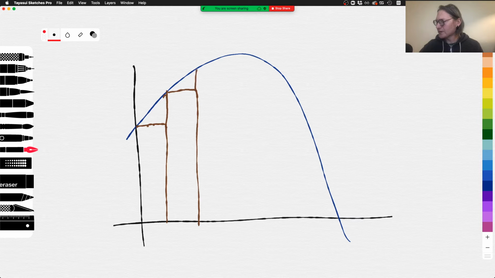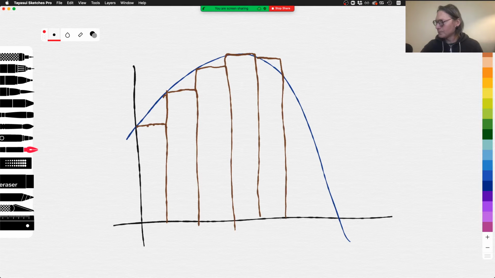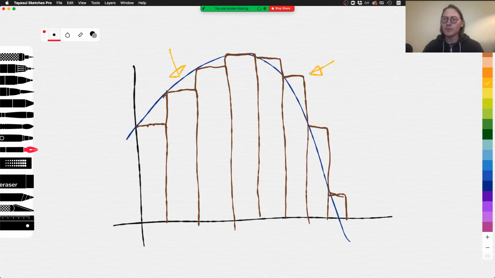And my next box here, and so on. One thing you might notice is that we actually do make up some area, right? So the area that we've lost over here, we might be picking up some over here.